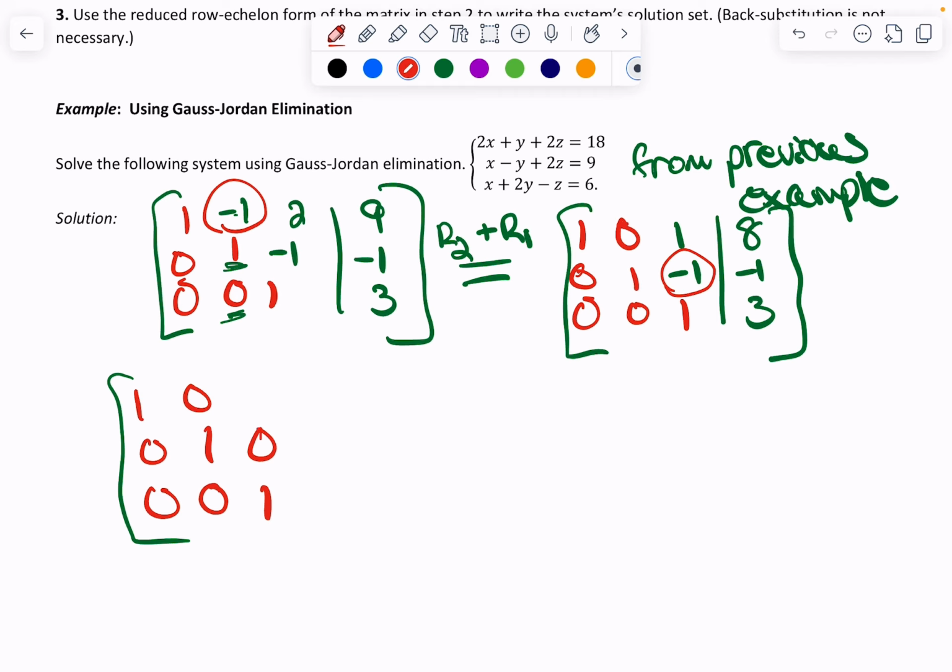So what we need to do is we are adding to the second row. Now, looking at the -1 and 1, 1 plus -1 is going to be a 0. Well, we are adding the third row. So the first row does not change.